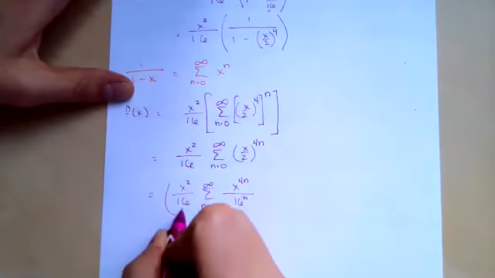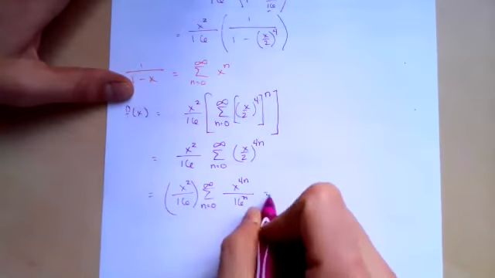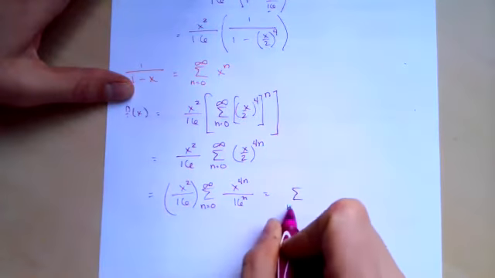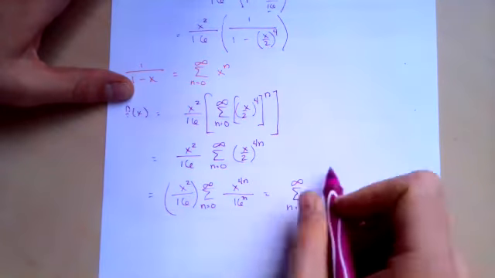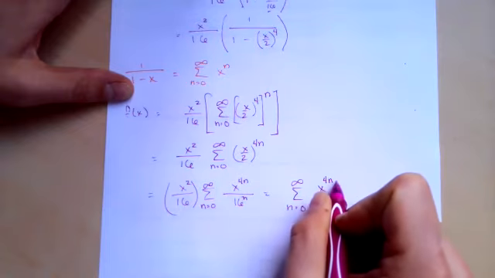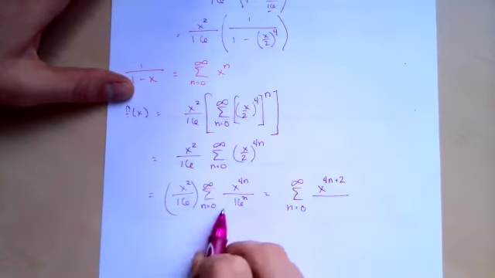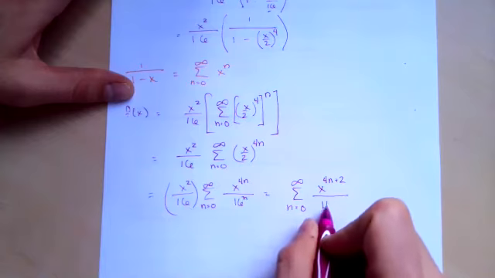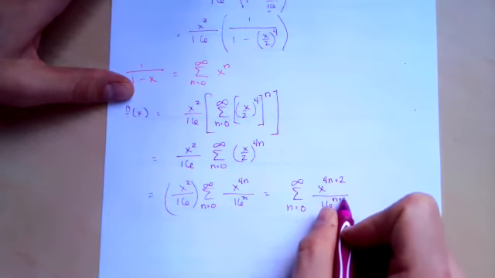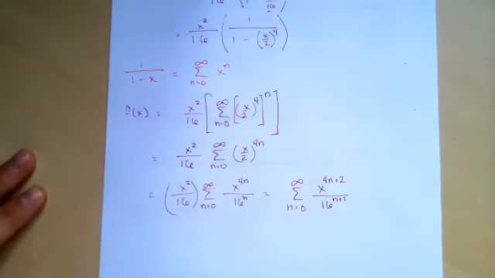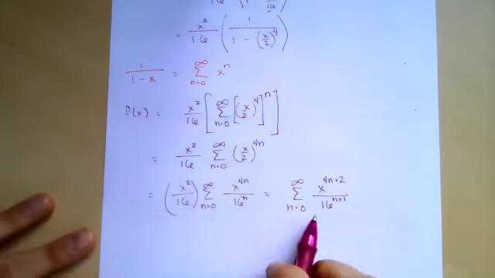So if I multiply these terms inward inside the sum, we will have x to the 4n plus 2 over 16 to the n plus 1. And this is a good answer.